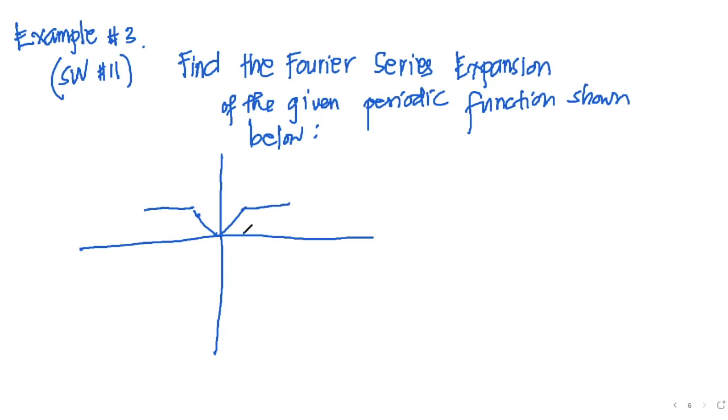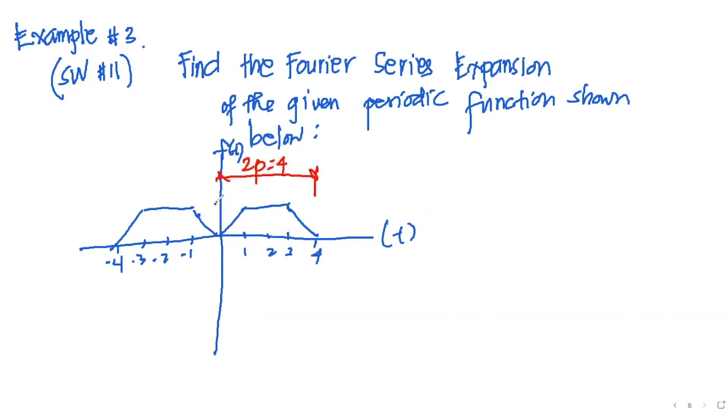Okay, so take a look at the given function. Now, the value of the function at the right side of this Cartesian plane is equal to the value of the left side of the Cartesian plane. So it means that this given periodic function is symmetrical with respect to the vertical axis.